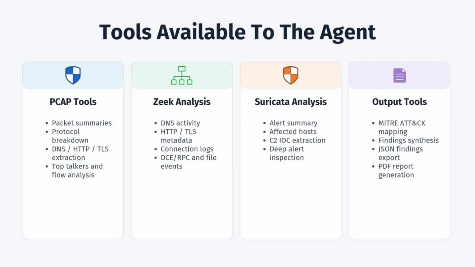Next, we have a Zeek parser that can efficiently process log files and extract insights such as DNS anomalies, HTTP metadata, and file transfers. We also have a Suricata parser that analyzes alert data to identify C2 activity and affected hosts. Lastly, our output tools consist of threat detection that performs IOC matching, detects suspicious ports, and maps out the attack to the MITRE ATT&CK framework, after which the final reports are generated.